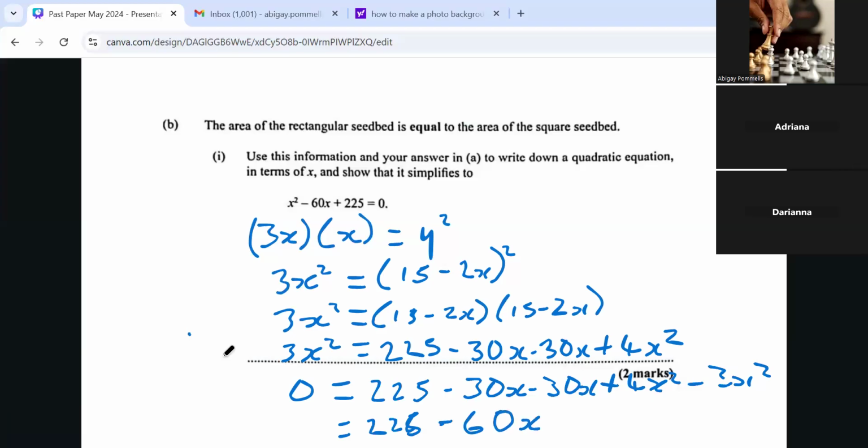And then 4x squared minus 3x squared is positive x squared. Everything here is equal to 0.